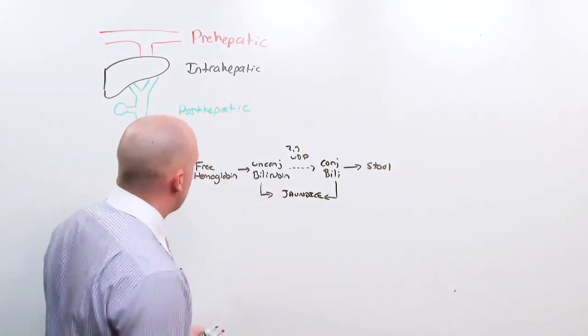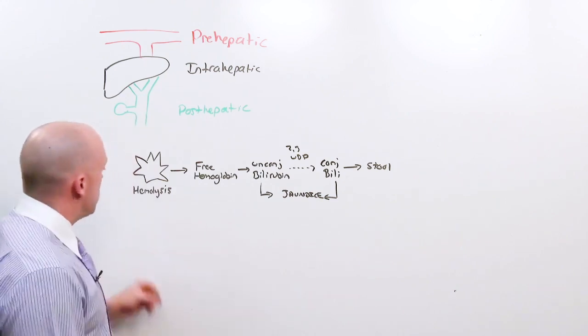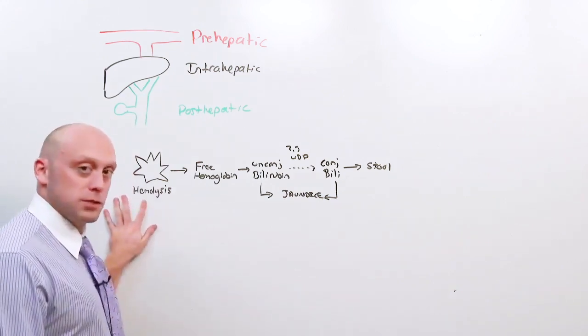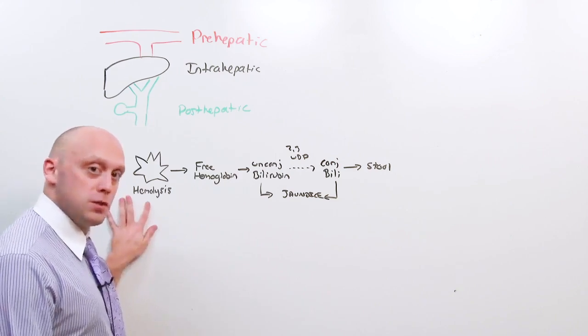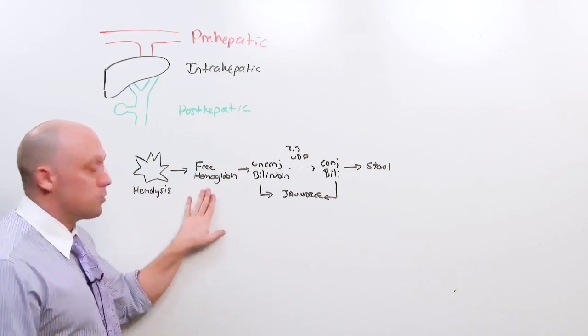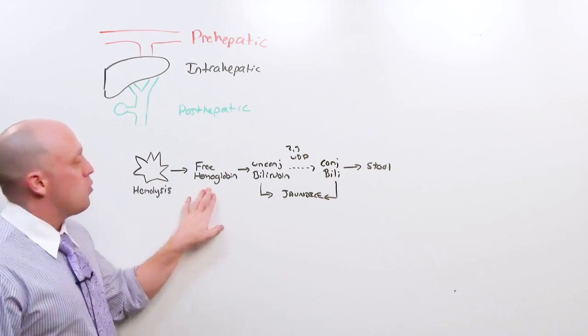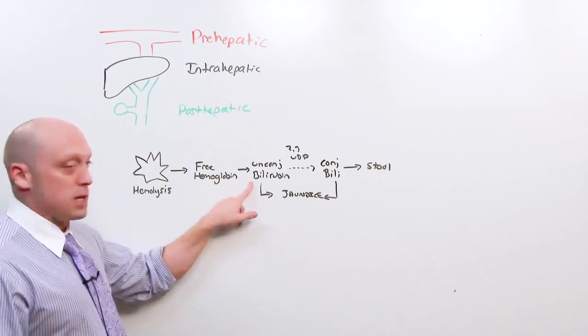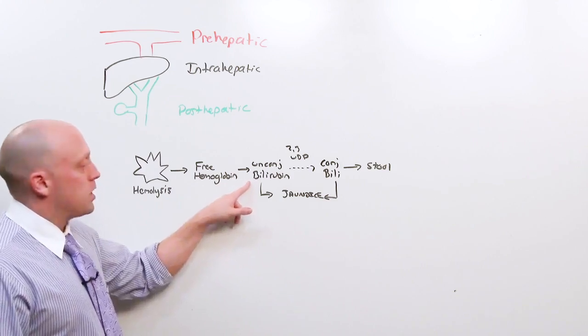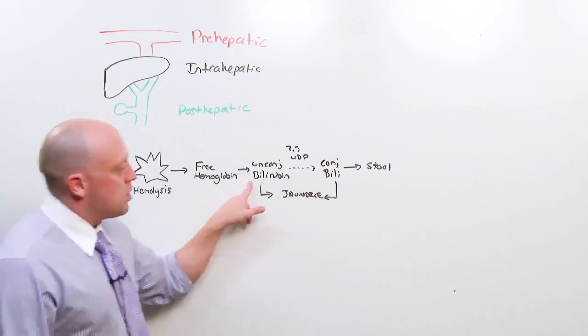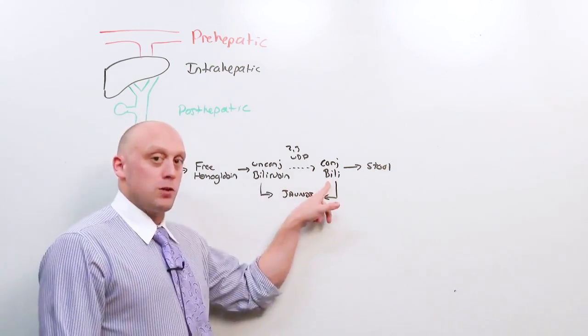So let's explore this system. Let's just say that there is an increase in red blood cell turnover. There's more hemolysis. That means there's going to be more free hemoglobin, which means there's going to be more unconjugated bilirubin. If more unconjugated bilirubin is brought to the liver, more conjugated bilirubin will be created.